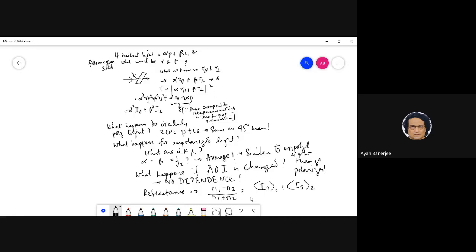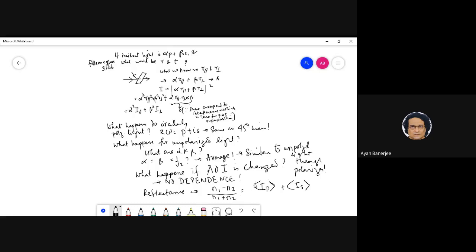Other than at the Brewster angle, the polarization will not change for reflection. No, not polarization, Vishwajit. I am saying the overall ratio. If polarization does not change, it remains unpolarized, right? Yes, after reflection it should remain as it is. So it should just be a ratio of this.